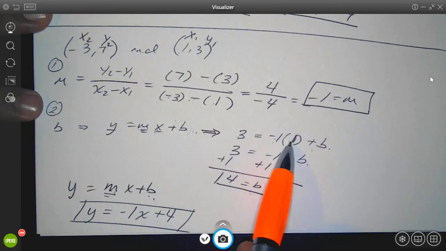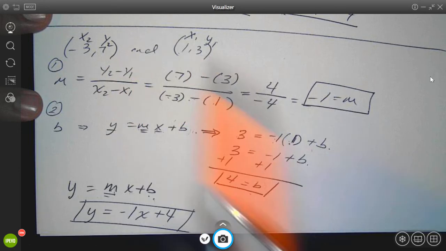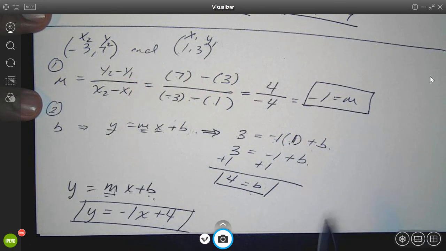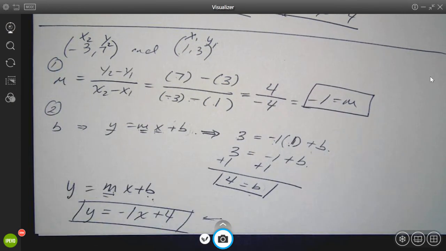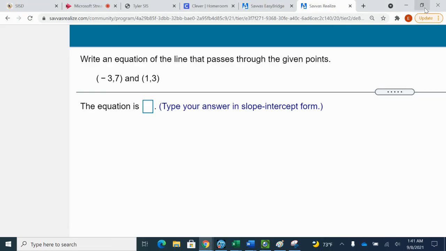The x and y, I let be a coordinate point from the previous information given. And there it is. I substituted it and I solved for b. So now I have all the components. So my equation is y = -x + 4. Now again, I'm not putting the 1 because we know that the coefficient is 1.